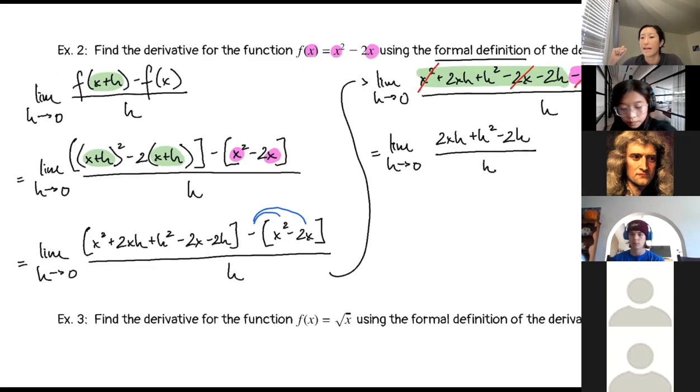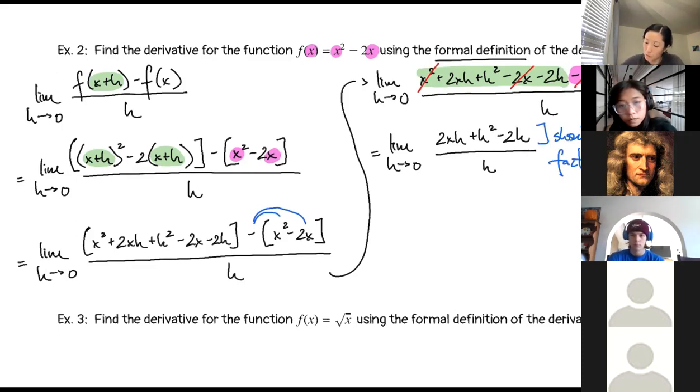Okay. Now, after things cancel, here's how you know that you are headed in the correct direction. Everything in the numerator, you should be able to factor out an h.